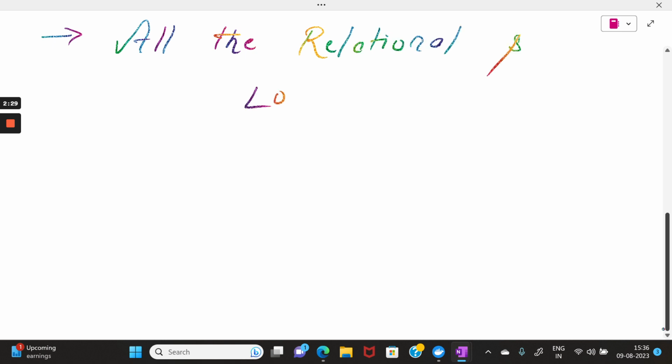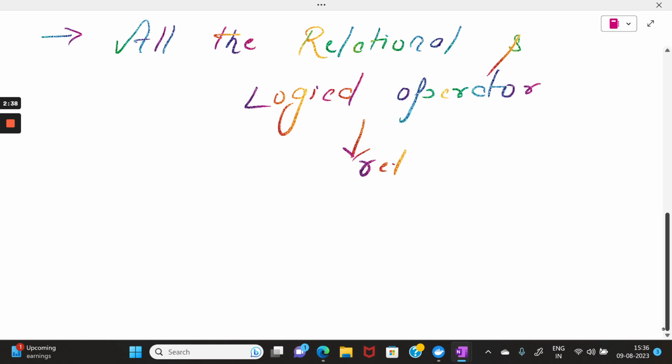All the relational and logical operators that we discussed right now, when they are computed inside an expression, return either 0 or 1, the binaries. That is why they are very important.